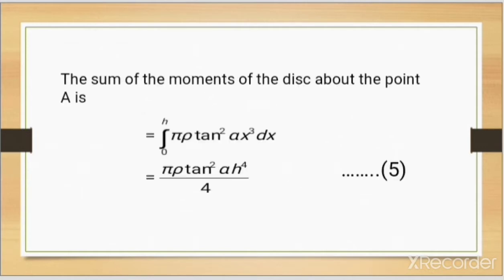The sum of moments of the disks about the point A is equal to the integral with limits 0 to h of pi rho tan square alpha x cube dx. After integration, it is equal to pi rho tan square alpha h power 4 by 4.